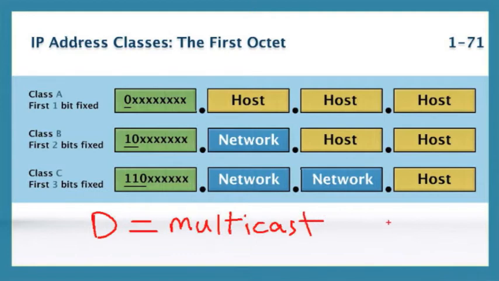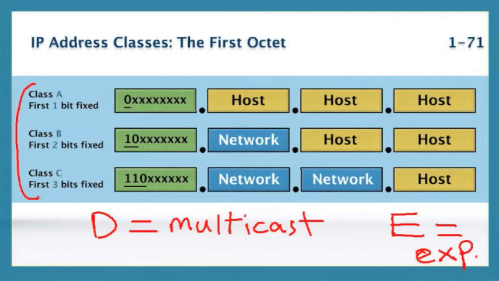And there's even a Class E, and it was reserved for experimental purposes. So in this class, we are obsessed with the A, B, and C classes for addressing networks and hosts.